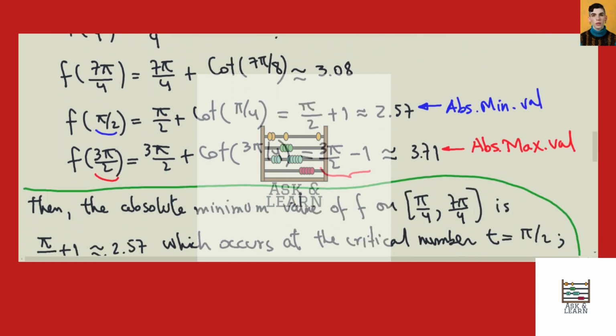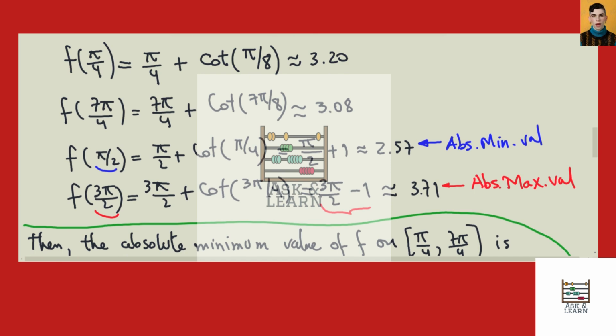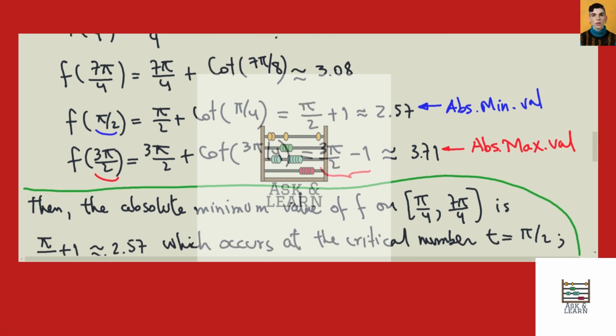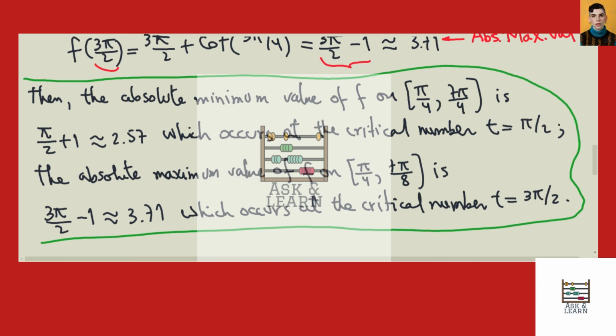The largest value found was the image of 3 pi half, which is the absolute maximum value of the function over the given interval, and the smallest of the four values was pi half plus 1, the image of the other critical number pi half, which is the absolute minimum value of the function over the given interval. And that's the answer to this problem.